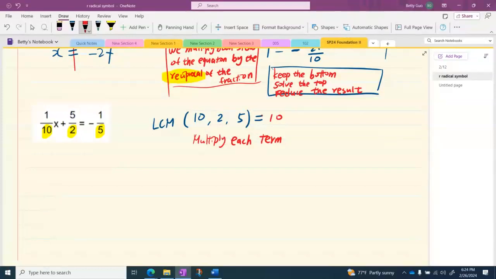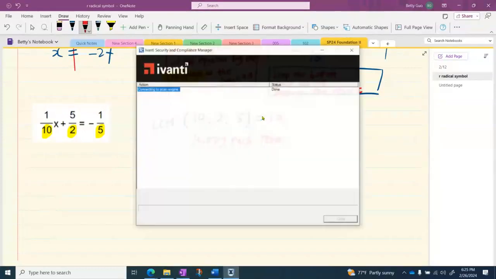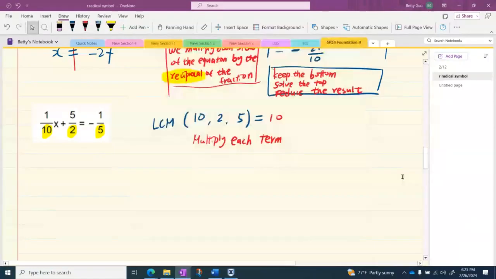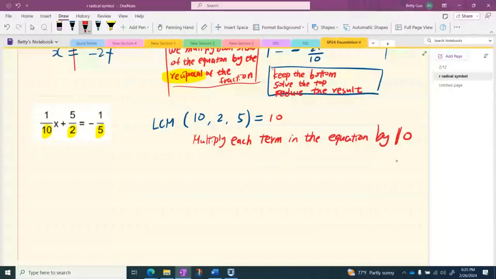For example, on the right side, -1/5. The negative sign is with this term. Multiply each term in the equation by the LCM, by 10. In this case, it is 10.